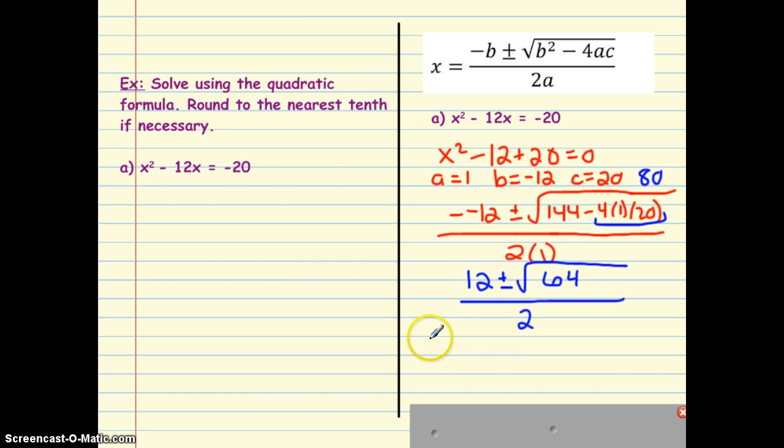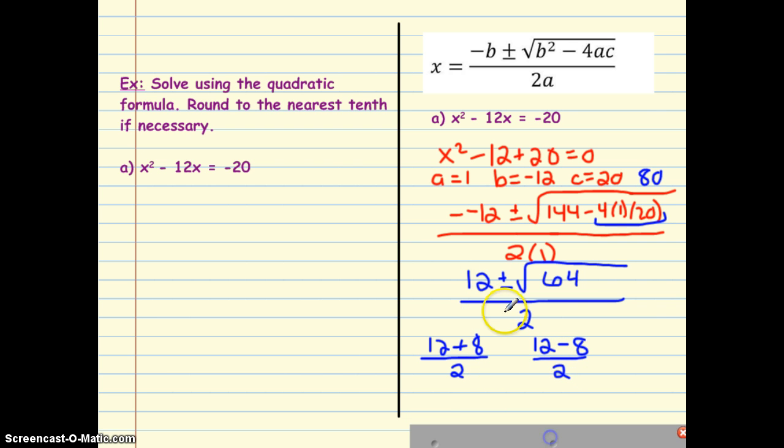So we will have 12 plus 8 over 2 and 12 minus 8 over 2. And simplifying, our final answers would then be 10 and 2.